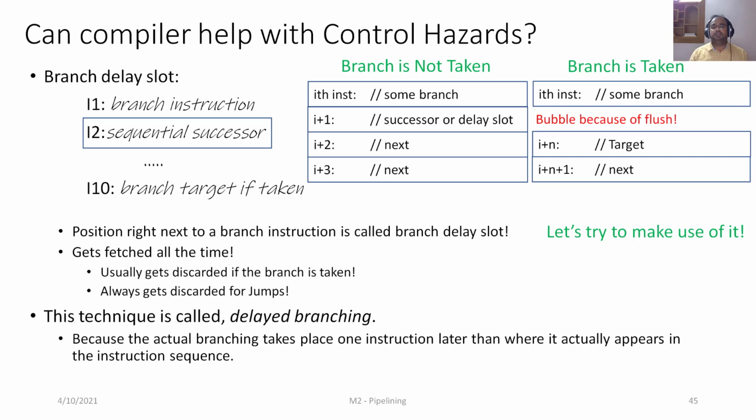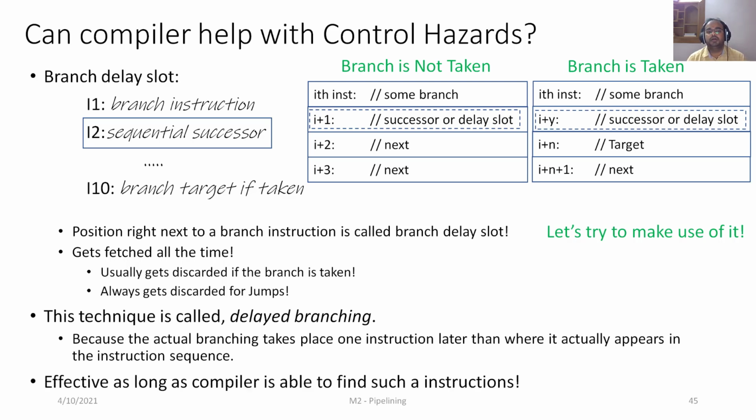Delayed branching says, instead of flushing, whether the branch is taken or not taken, I will place some instruction there which would be either the successor or some other safe instruction. Here in the second example I put it as I plus y, so maybe it's some safe instruction that we want to execute.